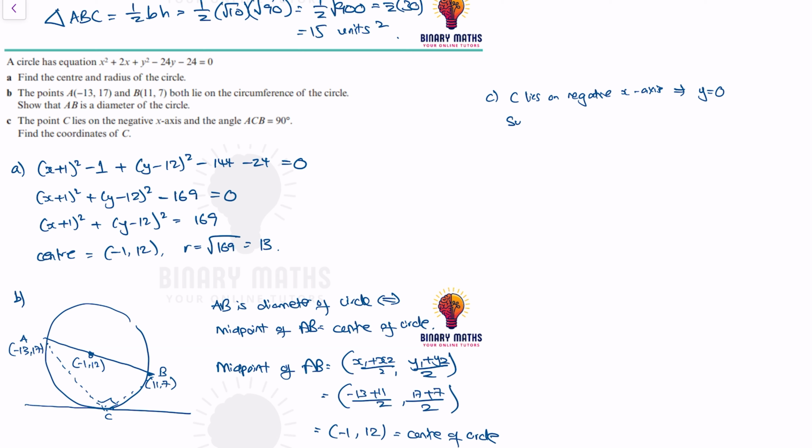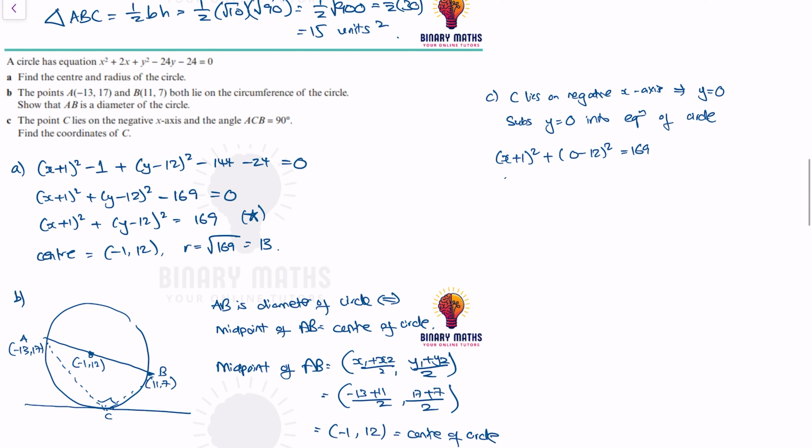So I need to substitute y equals 0 into the equation of the circle. Okay, if I do that, I get x plus 1 squared plus 0 minus 12 squared is equal to 169, using this equation here.